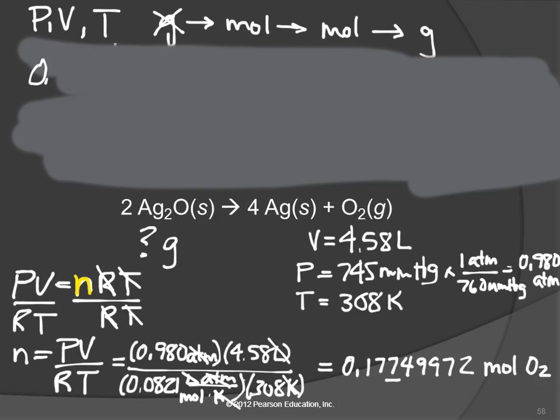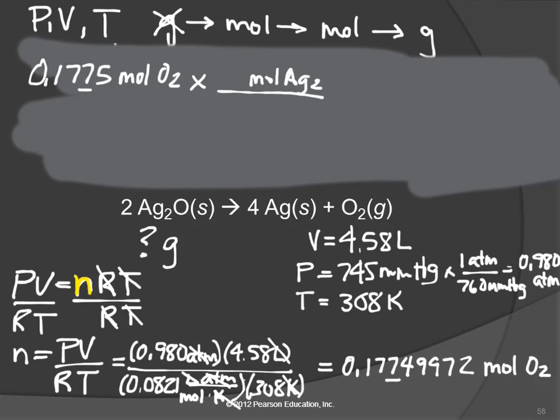So 0.177. I'm just going to round that 4 up to a 5 and bring that along for the ride. O2. What do I want in the numerator here? I'm looking at this part. Moles of Ag2O.